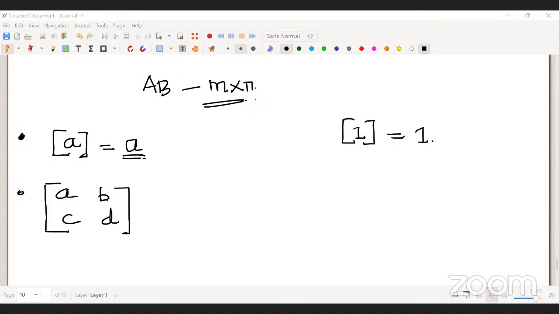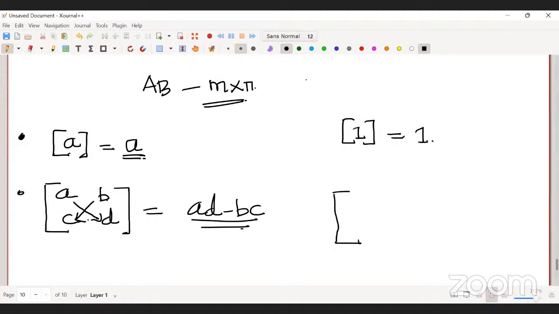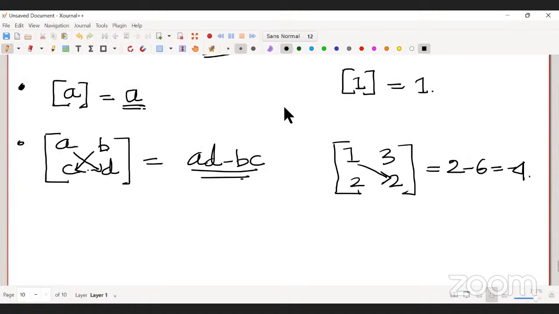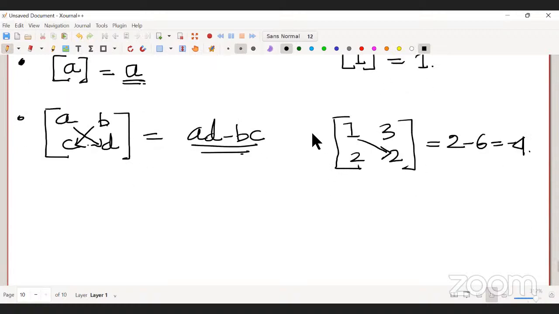You multiply the opposite entries and subtract the multiplication of the other two opposite entries. For example, if I take 1, 3, 2, 2, the determinant is 1 times 2, which is 2, minus 6, which gives minus 4. This is how you define the determinant of a 2 cross 2 matrix.